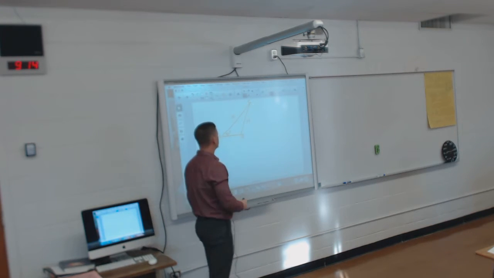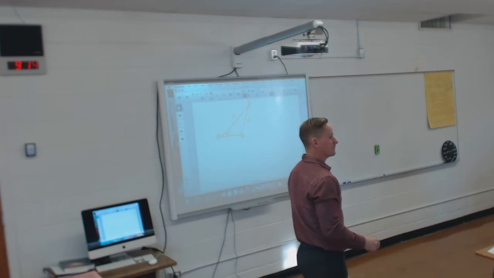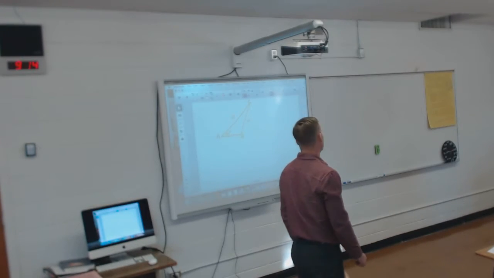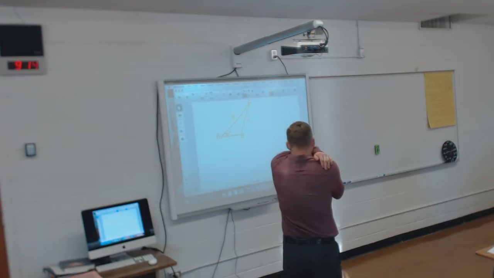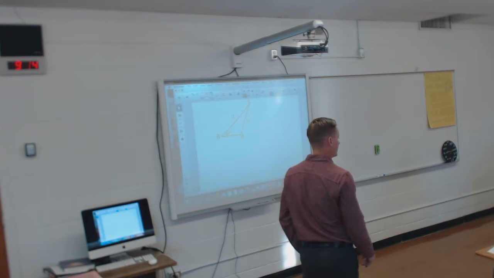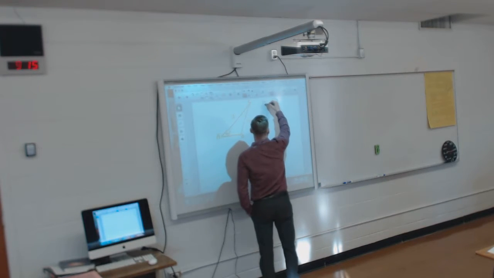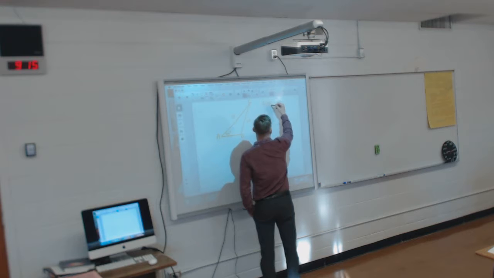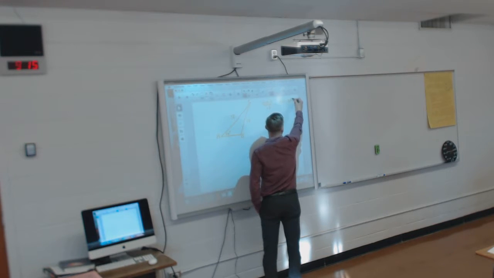Okay, so how do I solve for angle B? Sine B over 12, and sine 30 over 10. Okay, again, sine B over 12, and then sine 30 over 10. All right, so sine B over 12 equals sine 30 over 10.